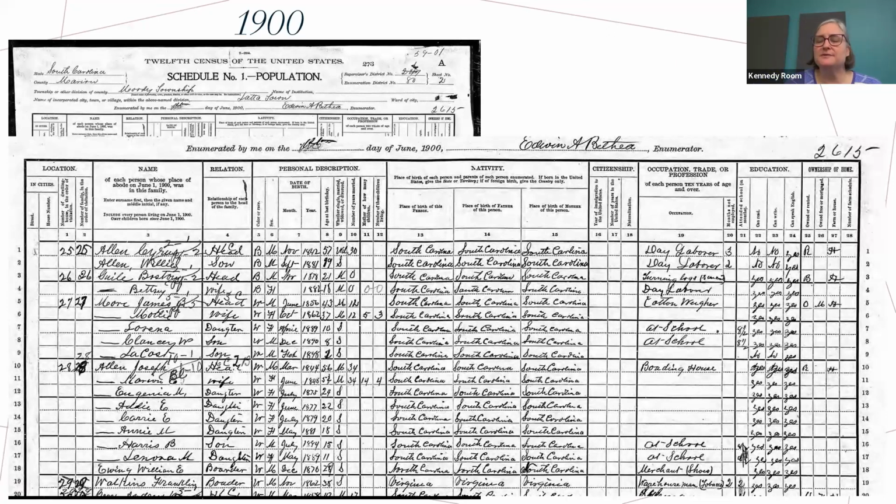Ownership of home, whether it was owned or rented, owned free or mortgaged, was it a farm or a house? And then the number of the farm schedule. Unfortunately, the 20th century farm schedules I haven't seen surviving anywhere, but keep looking because maybe somebody will find them in a box in a corner somewhere.